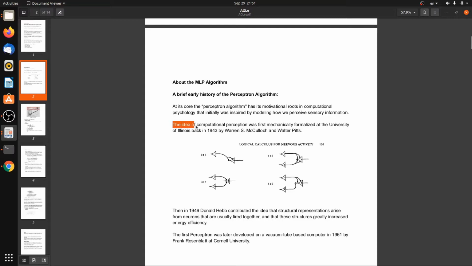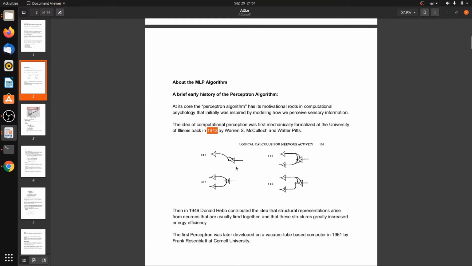The first time that the perceptron idea was defined quantitatively was back in 1943, by McCulloch and Walter Pitts. You can look up their paper online. It's called A Logical Calculus of the Ideas Immanent in Nervous Activity.